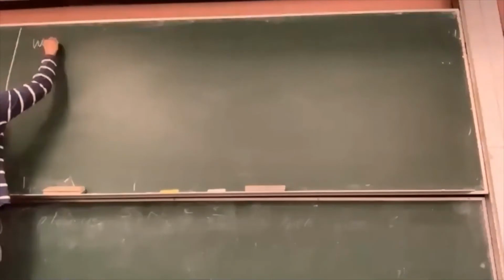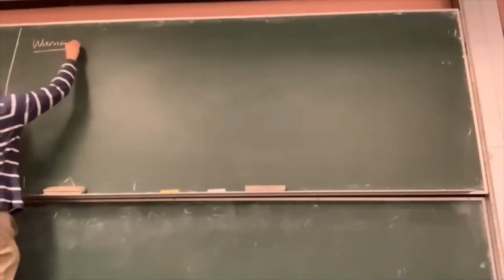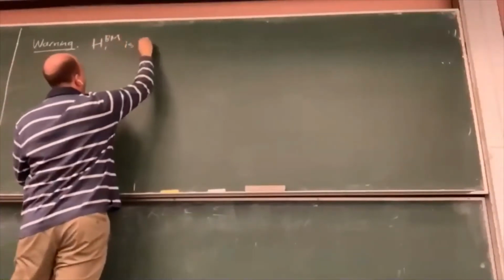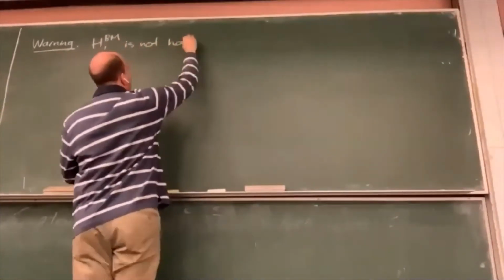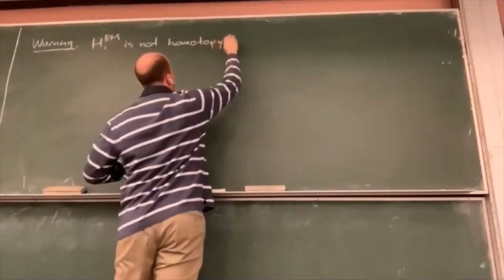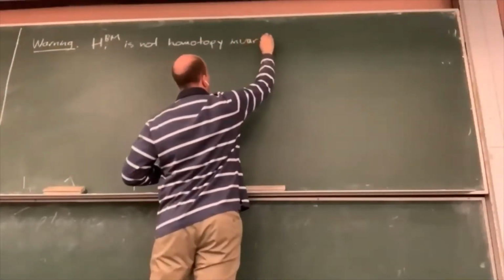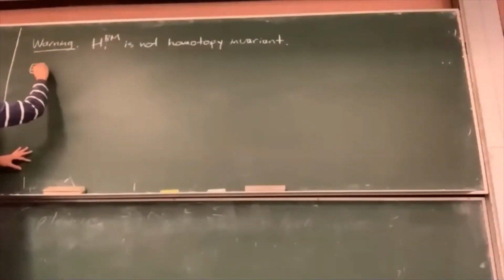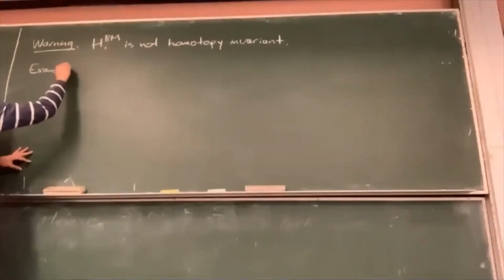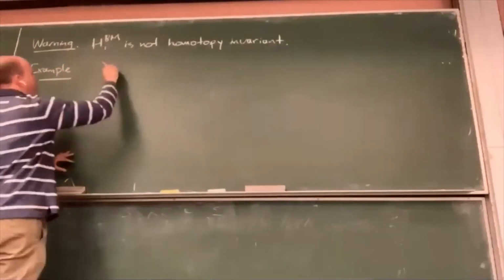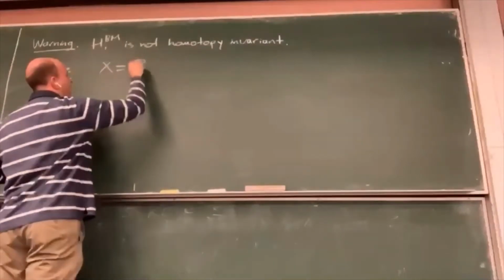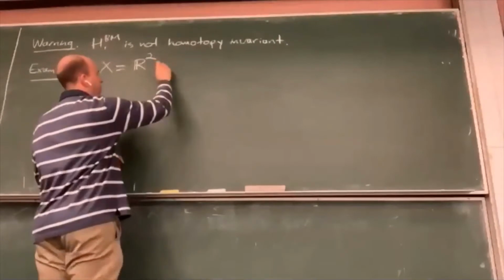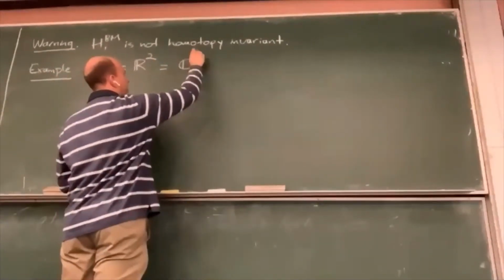So I should maybe write this down as a warning, first of all, that Borel-Moore homology is not an invariant of topological spaces up to homotopy. As this example shows, you can have interesting Borel-Moore homology of contractible spaces. So if you just take X to be R^2, or if you want to think of this as a complex variety, you can think of it as a complex affine line.